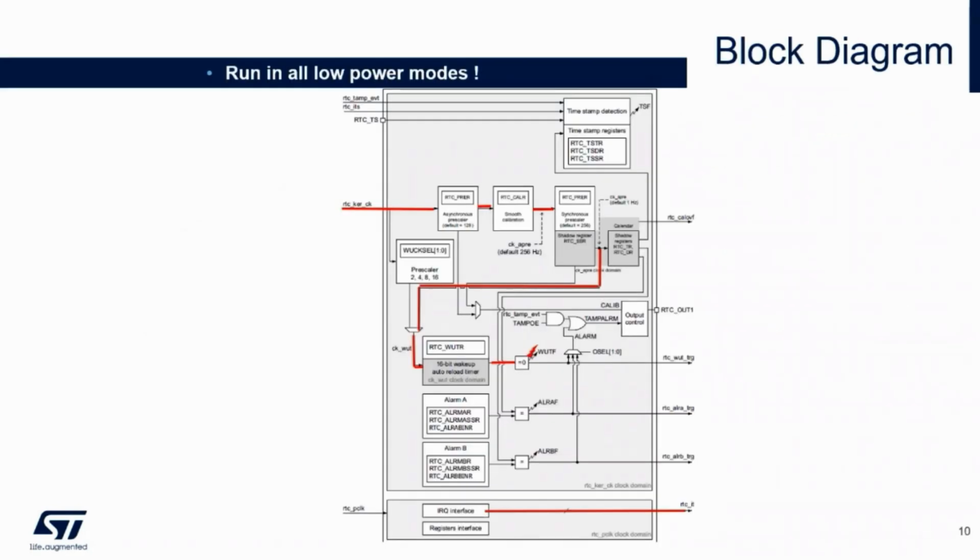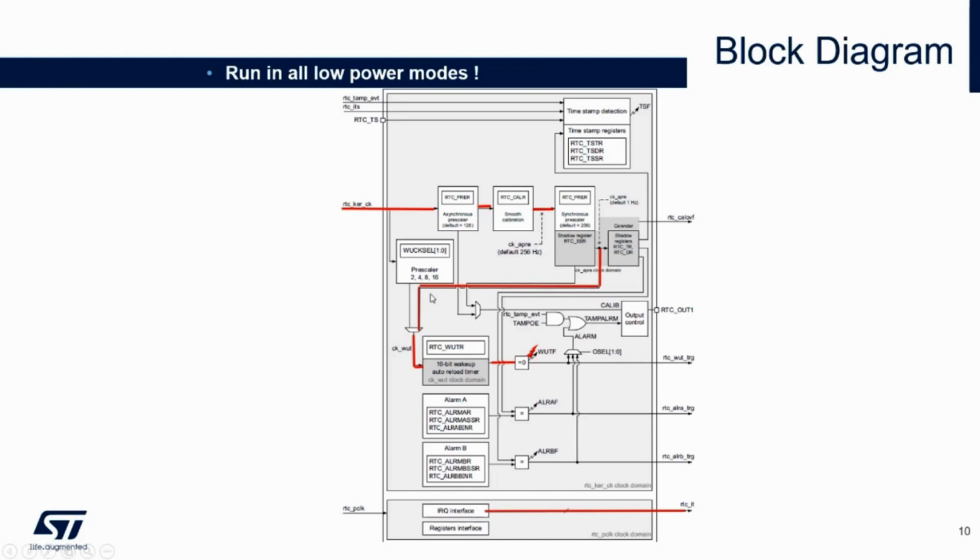If you look at the block diagram, you see what we will use for this hands-on. We will have the 32 kilohertz clock, which will first be processed by this asynchronous prescaler. Then it will enter the synchronous prescaler, and it will generate a 1 Hertz clock.